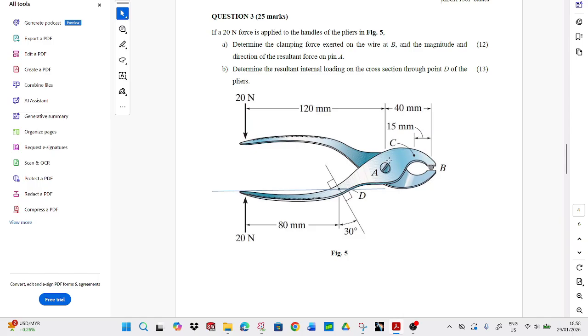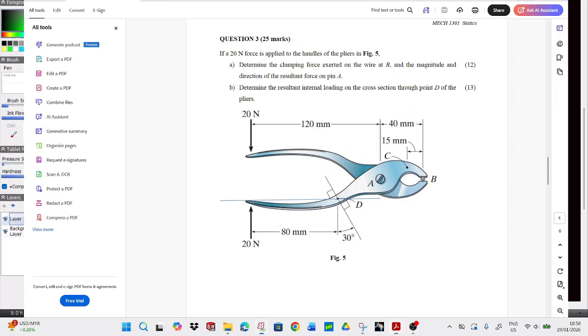Let me have a look first. 120, 80. No, no height differences so far.